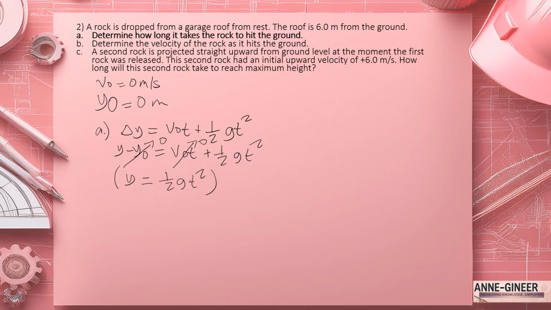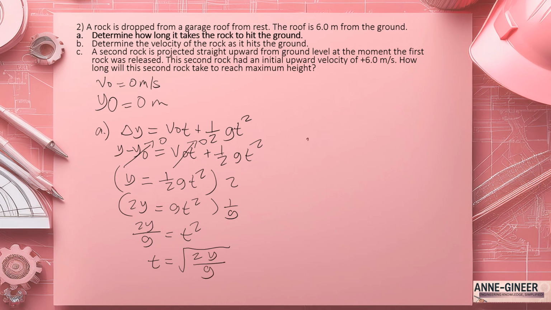Let's multiply both sides by 2, so we get 2y equal to g t squared. Then multiply both sides by 1 over g, so we have 2y over g equal to t squared. And for the final formula, t is equal to the square root of 2y over g.